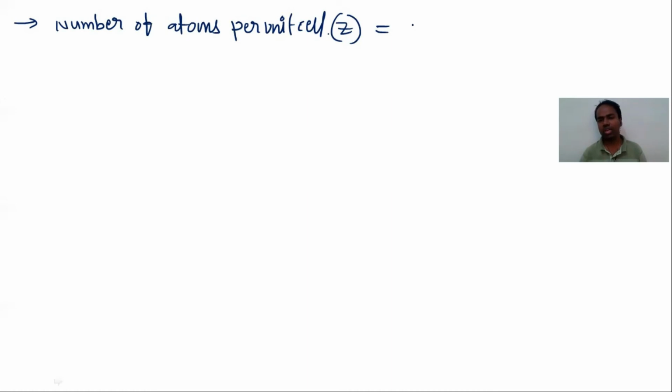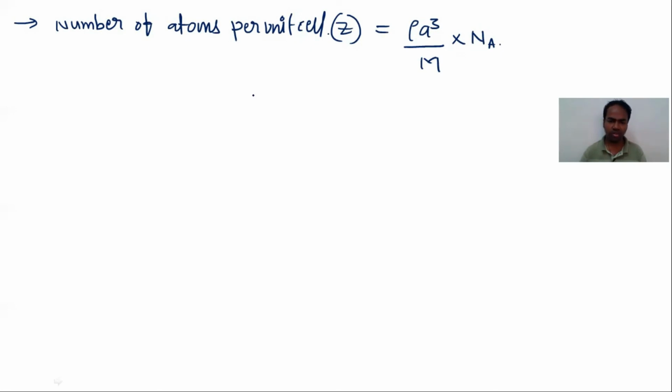The number of moles is rho a cube by capital M, and the symbol of Avogadro number is Na. So Z is equal to rho a cube by M into Na.